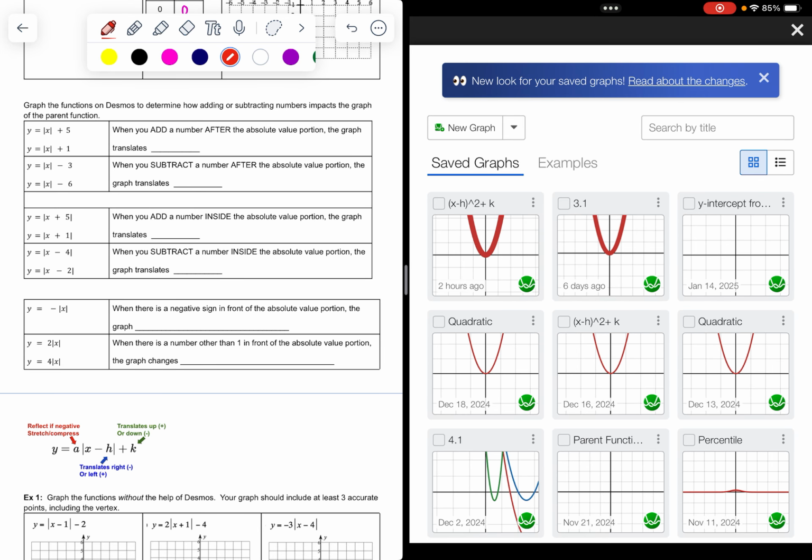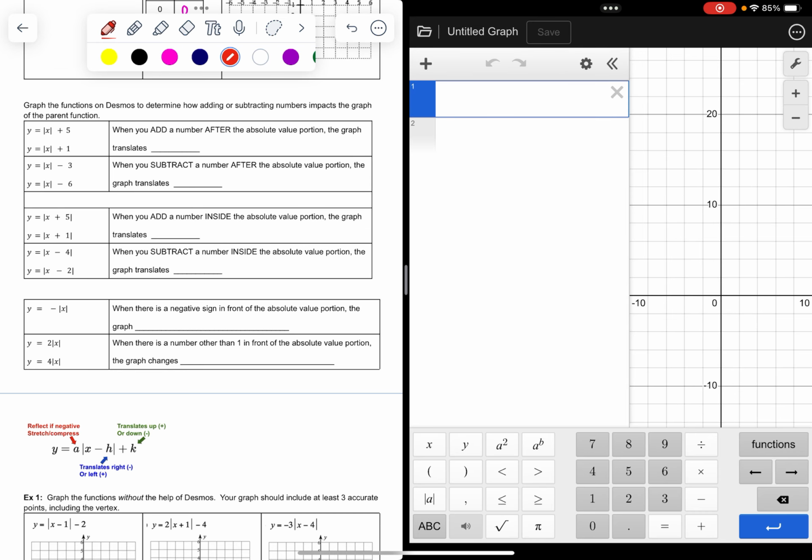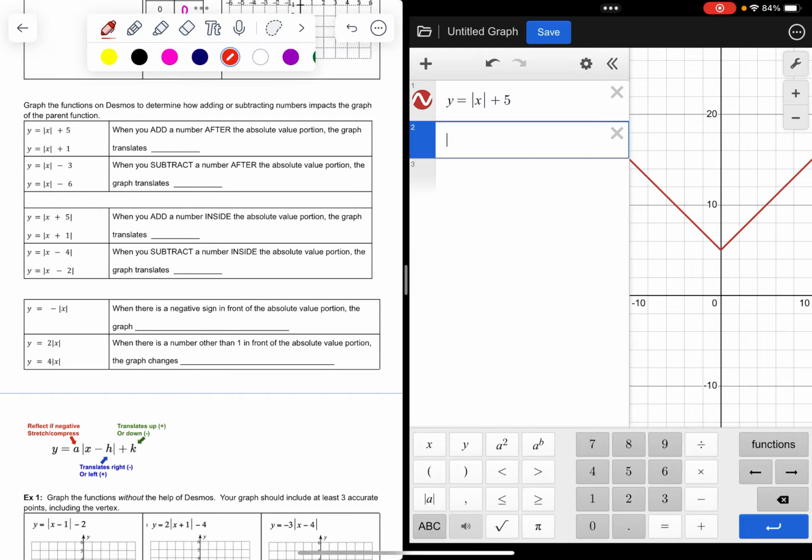So we have y equals the absolute value of x plus 5, and y equals, let's just look at the absolute value of x here.